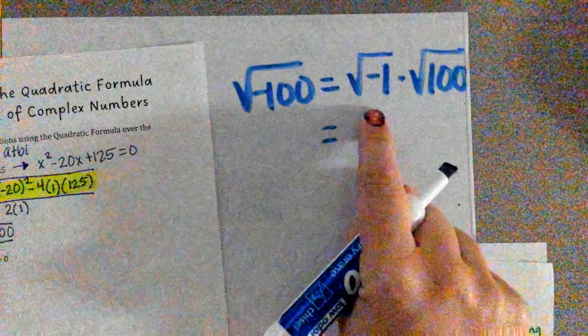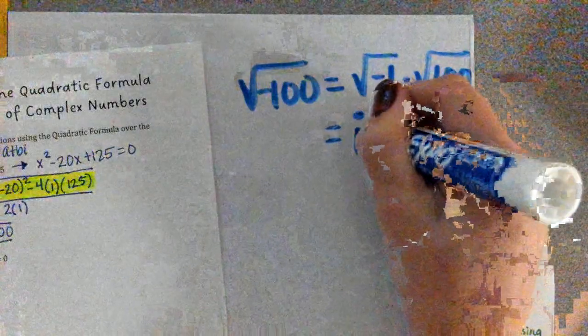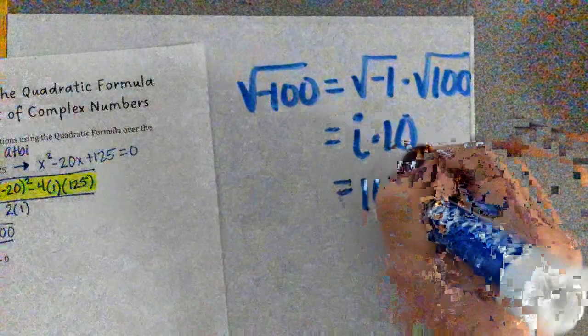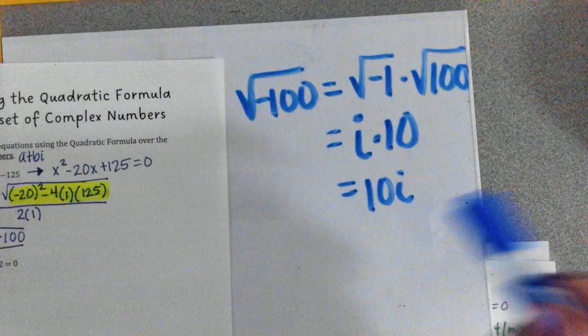And we have a way of dealing with the square root of negative 1. What is the square root of negative 1? It's i. And then the square root of 100 is 10. And then we're not going to write our answer as i10. It's 10i. So the square root of negative 100 is 10i.